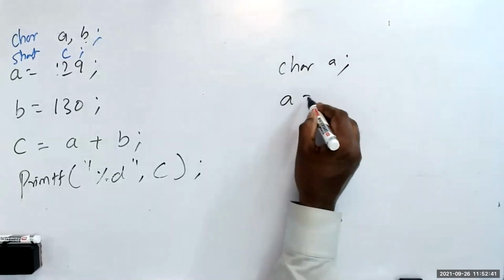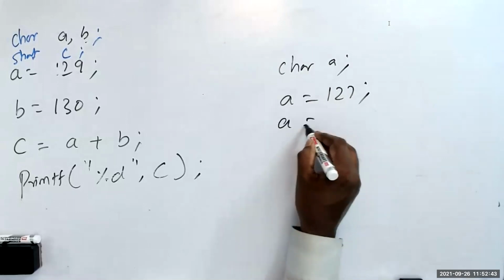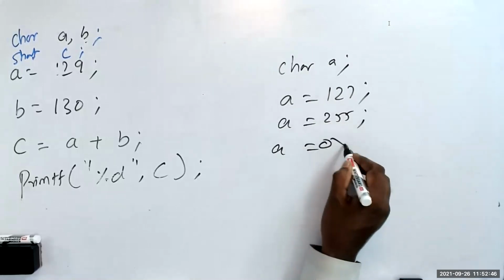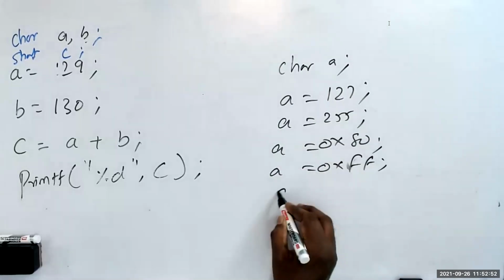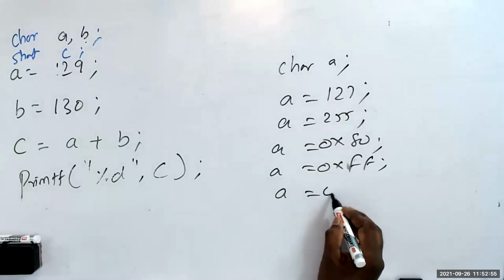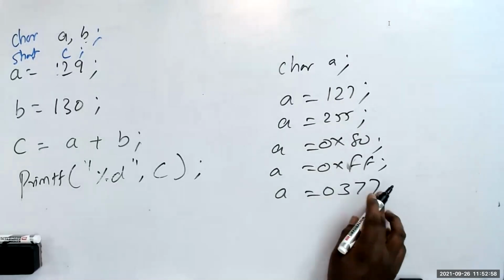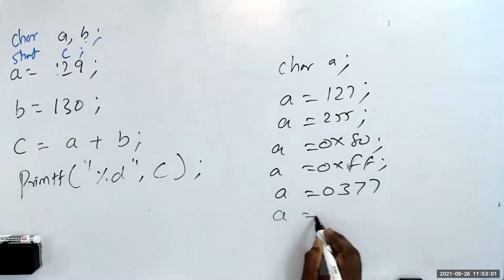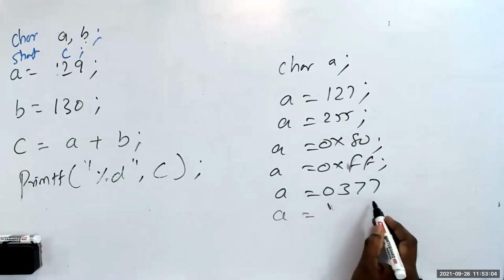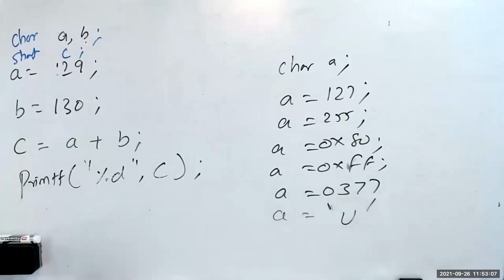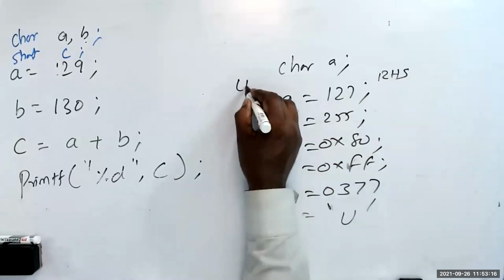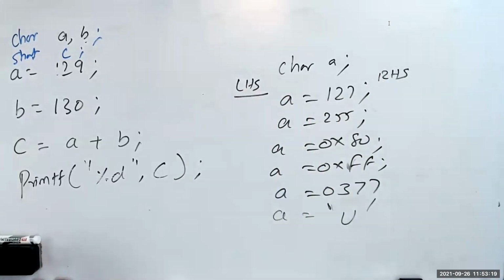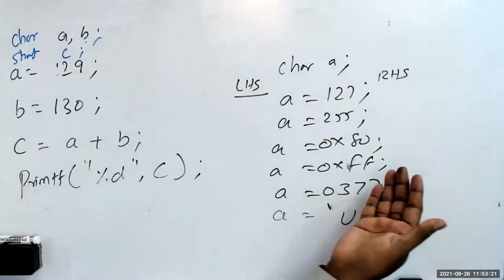If I say A is equal to 127, or 255, or 0x80, or 0377, that is an octal, or within single quotes some character, whatever you do, that guy never bothers. This is called RHS, this is called LHS. He will convert this into a number, then put it on the LHS side. That's it.